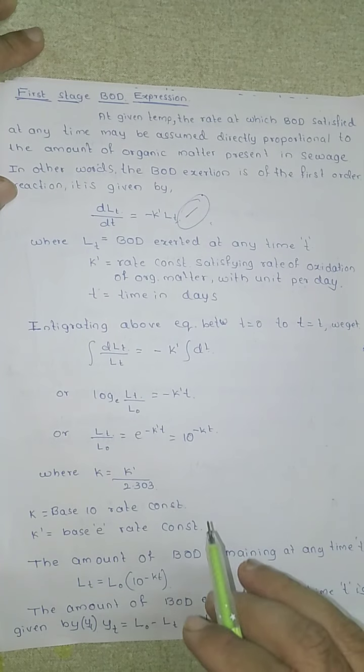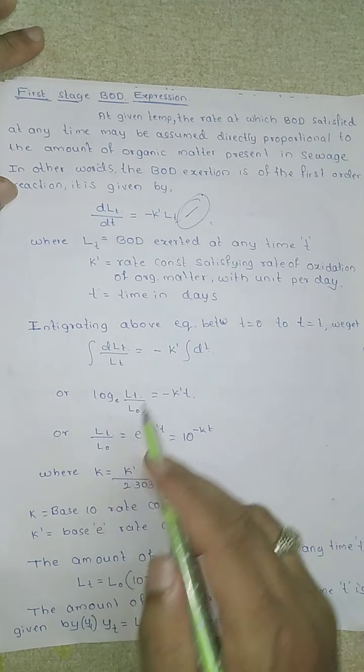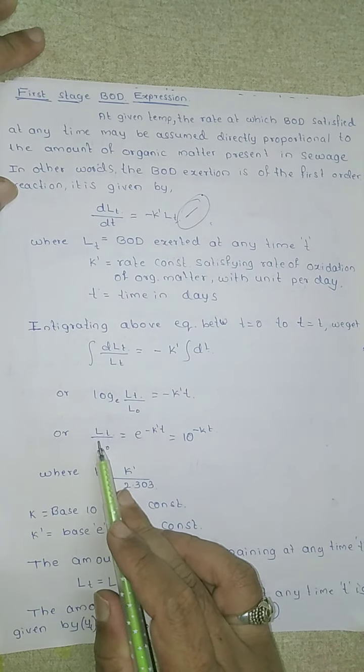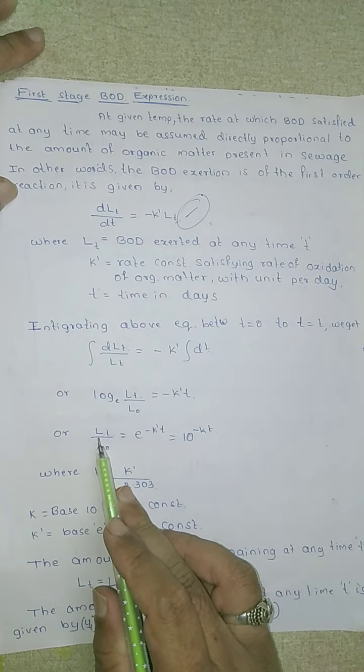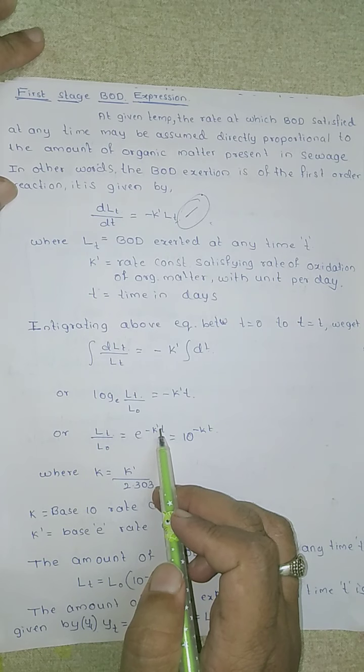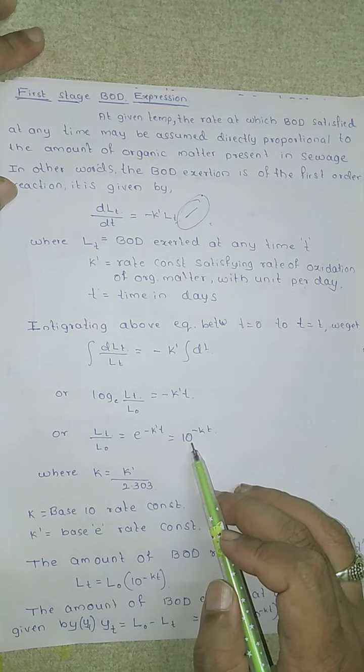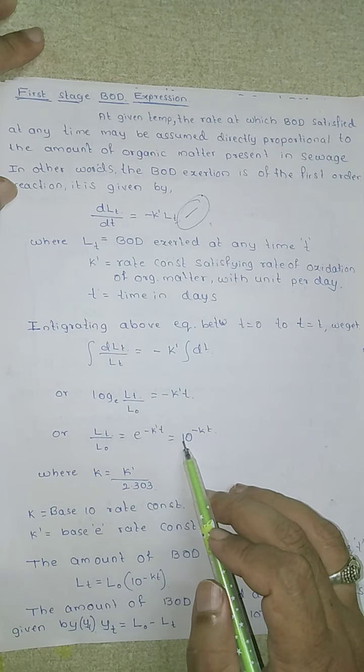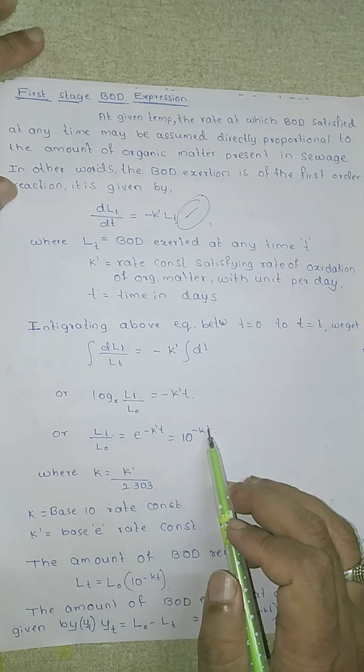If we simplify this, we get Lt is equal to L naught into e to the power minus k dash t, or 10 to the power minus kt.